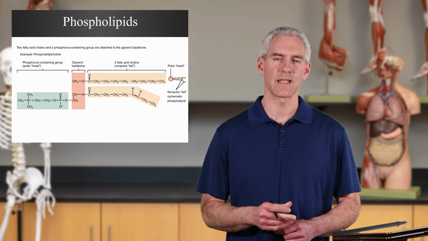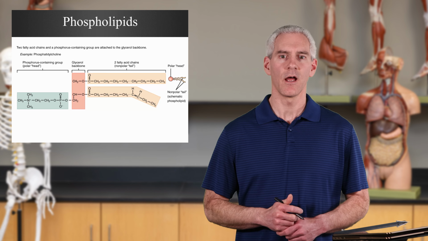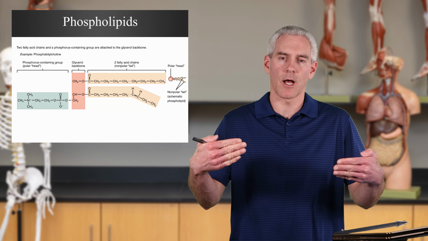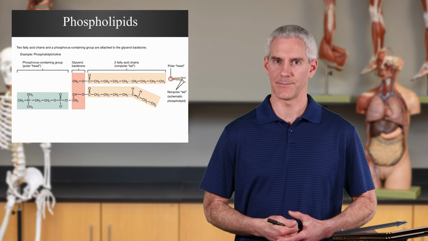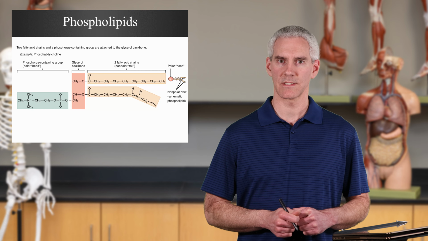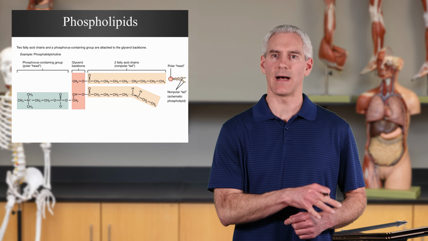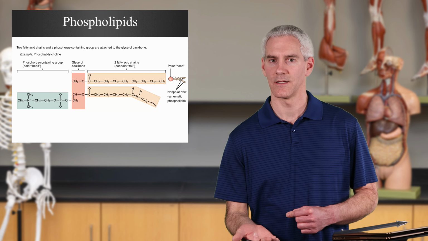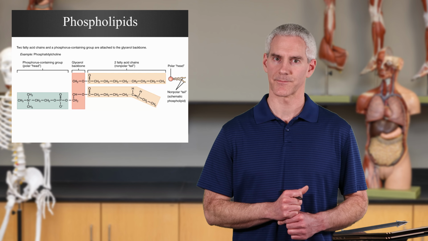Why that's important is these phospholipids are what we find in our cell membranes. You create this double layer, or bilayer, of phospholipids. And by adding in this phosphate group on one side, it allows this molecule, this phospholipid, to be hydrophobic on one side, hydrophilic on the other side.